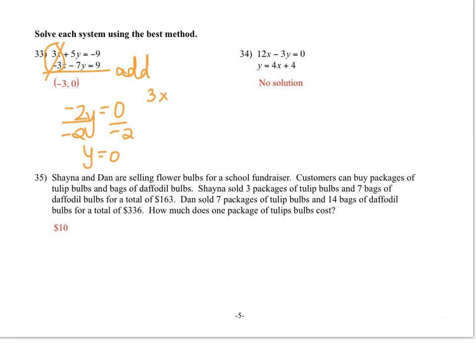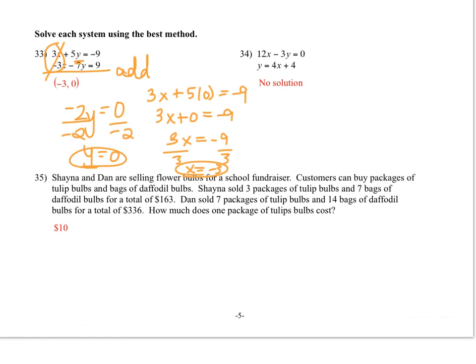You all normally like to use the first equation just to keep it the same every time. So notice I'm plugging in for the y value in the first equation. So that gives me 3x plus 0 equals -9. The 0 doesn't change anything. So divide by 3. X is going to equal -3. And we use those two things to make our ordered pair, which is our final answer, -3, 0.